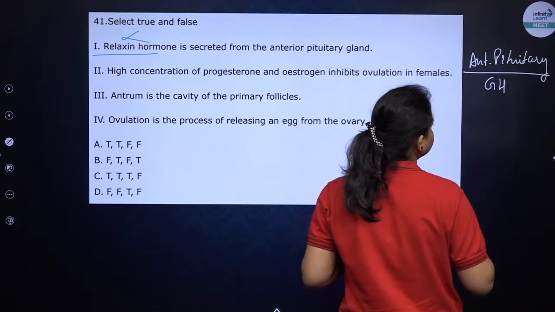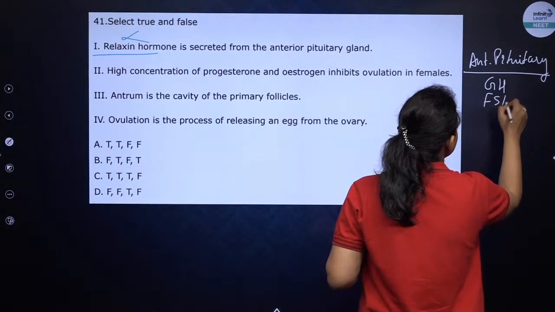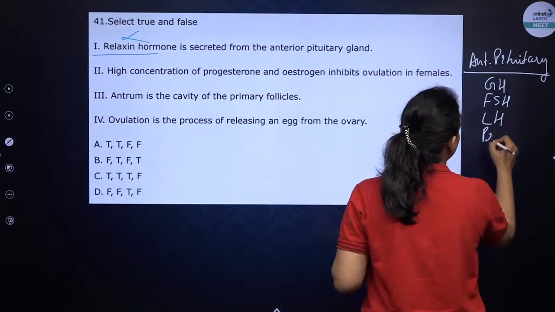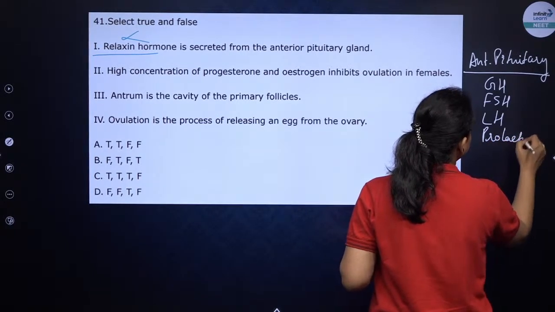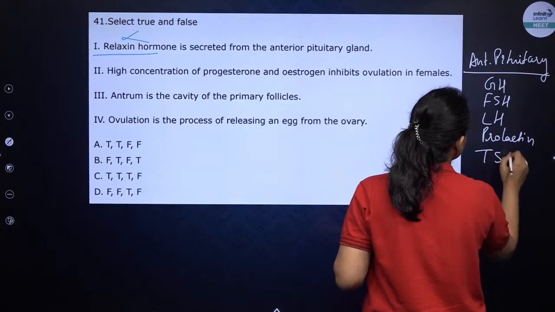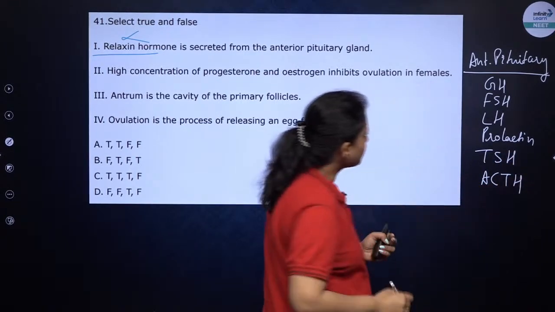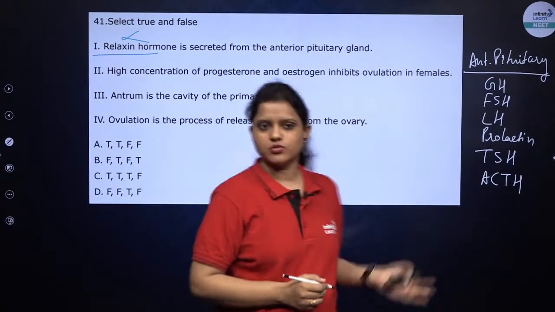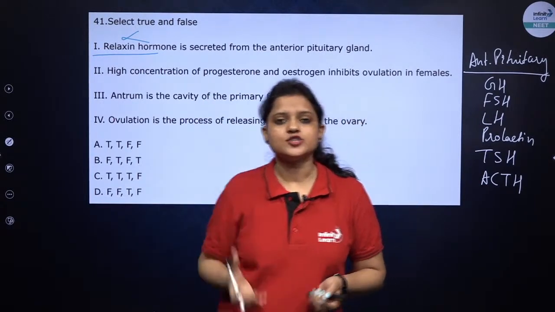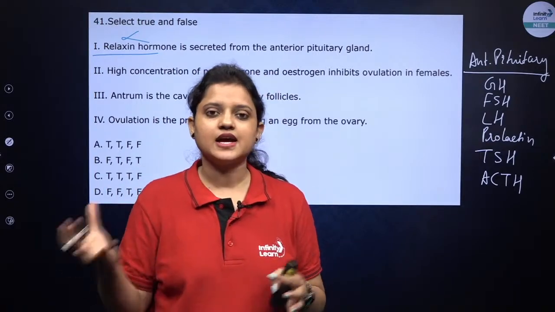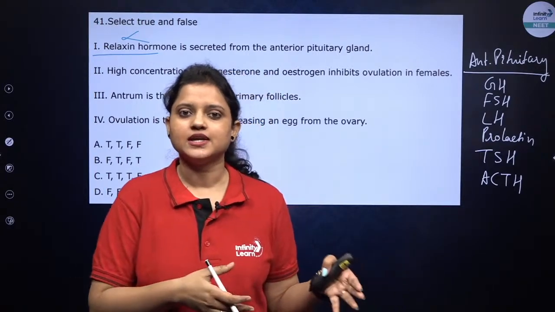Growth hormone, FSH, LH, prolactin, thyroid stimulating hormone, adrenocorticotrophic hormone. How many is that? 6 hormones. Okay, and also our intermediate lobe in humans is again fused to the anterior pituitary gland.